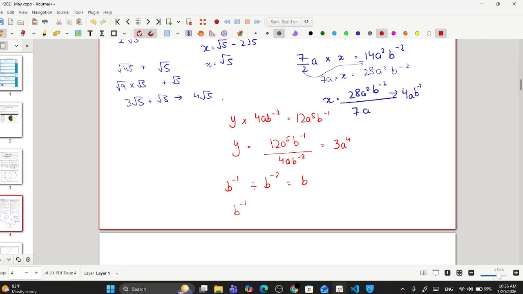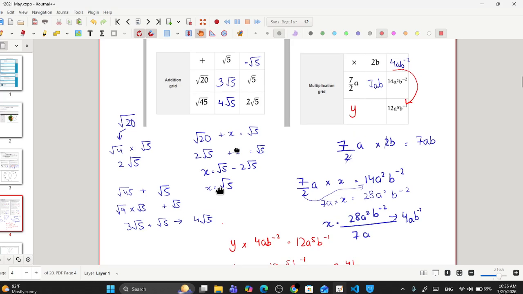Minus 1 minus minus 2. Minus minus becomes plus. So we get minus 1 plus 2, which becomes b. So we get 3a raised to the power of 4b as our answer. Alright. So I can write this as 3a raised to the power of 4b.